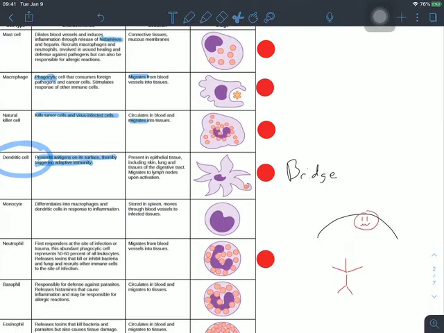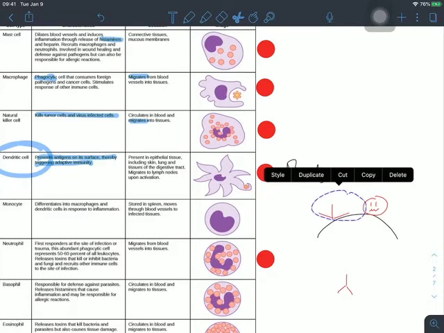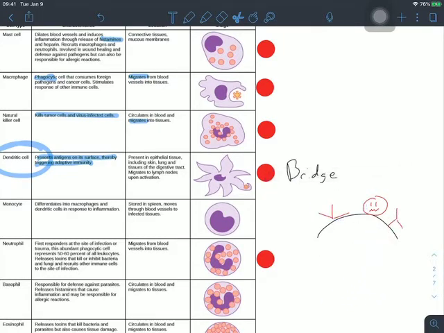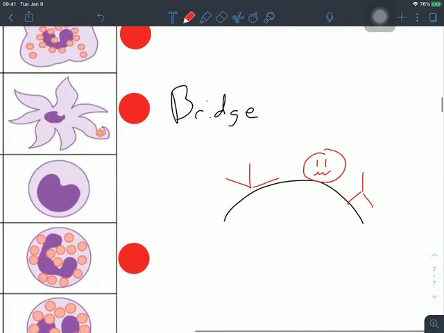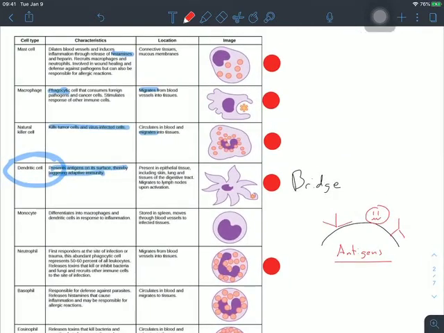Say, you know what? Maybe that's going to be useful. Maybe that's going to be useful. And it's going to display the quote-unquote corpse of this foreign entity as antigens. And in so doing, it will trigger the adaptive immune system to come by and make antibodies. More on that process in a second here.